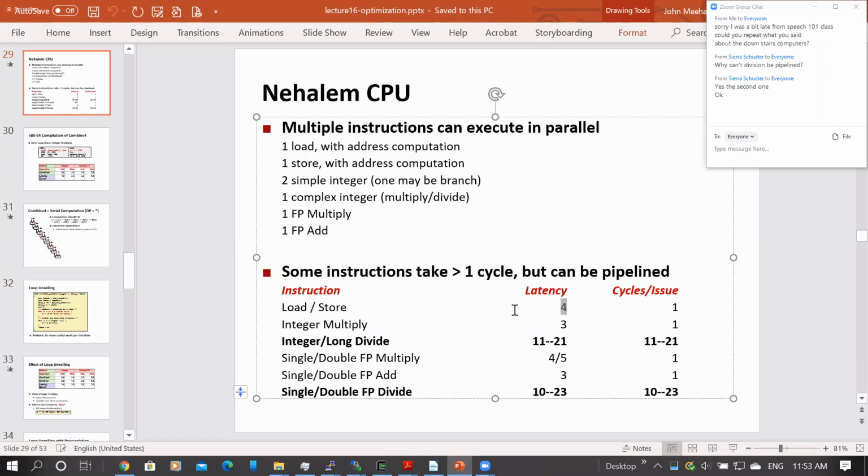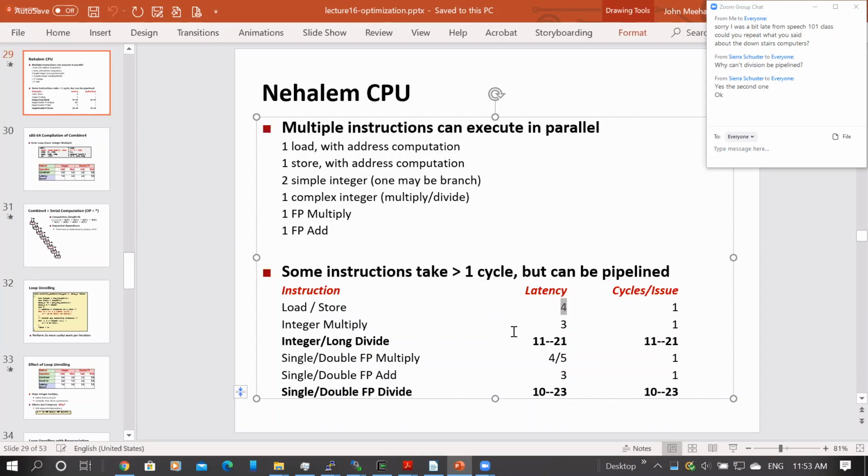This is all assuming everything goes as perfectly as possible and it's sitting right there in the top level cache. It takes 4 cycles, but I can issue another one right after it. So I can pipeline those things coming out of memory as well as pipelining the adder or the multiplier.